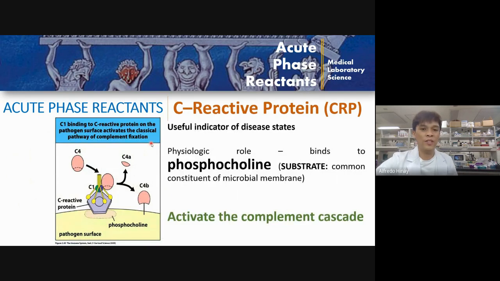Okay? So, if you can observe here, class, your C-reactive protein here will bind to the phosphocholine. So, your phosphocholine is part of your bacteria class. Here, ito yung bacteria mo. And then, your C-reactive protein has almost the same function as your antibodies. It will opsonize. And also, class, did you know that your C-reactive protein, aside from antibody, can activate your classical pathway?